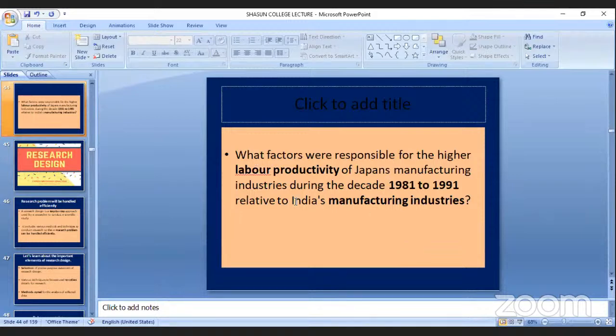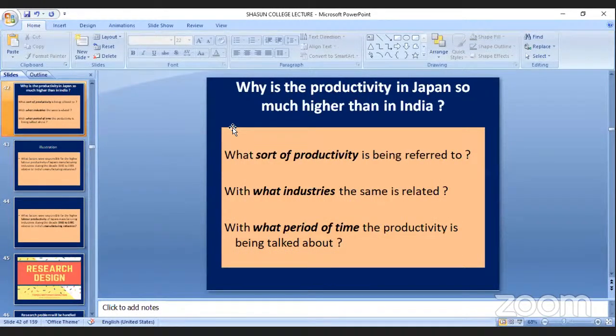In this itself, you will know what sort of research you're going to do: labor productivity in this particular period in manufacturing industry in Japan. Whereas the earlier question did not say anything about that: why is the productivity in Japan so much higher than in India?